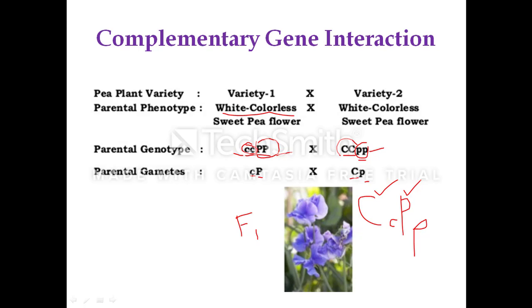When F1 plants were selfed, we get a 9:7 ratio. 9 plants have capital C and capital P in homozygous dominant or heterozygous dominant condition, and 7 plants have either the capital C or the capital P, not both. That's why we get the 9:7 ratio.